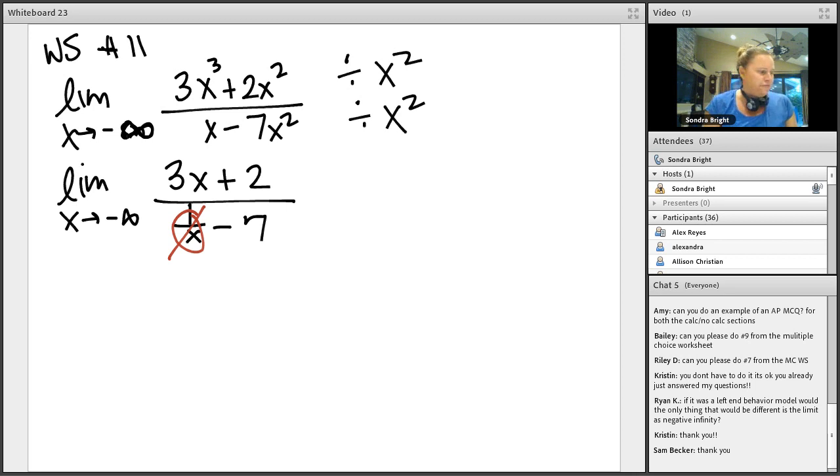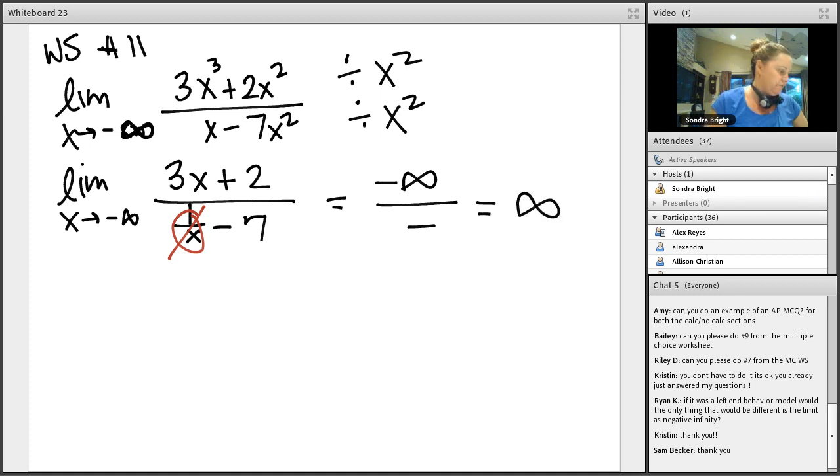So you get 0 minus 7, a negative number down below, and up top you have 3 times negative infinity. So this is negative infinity divided by negative 7. The 7 doesn't really matter, and that ends up giving you positive infinity, which is the answer. Hopefully that makes sense.